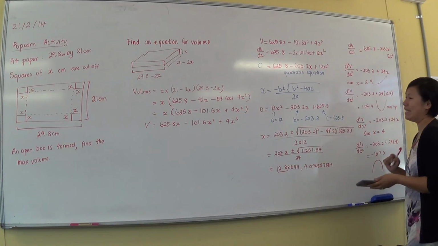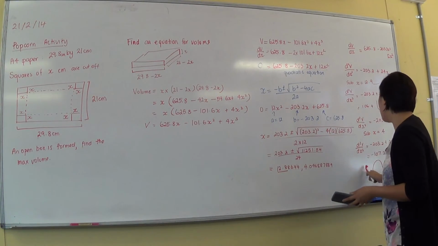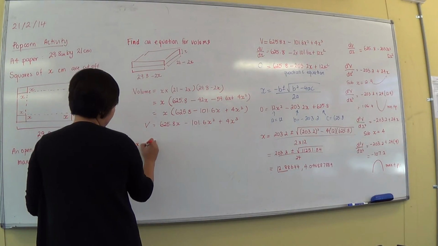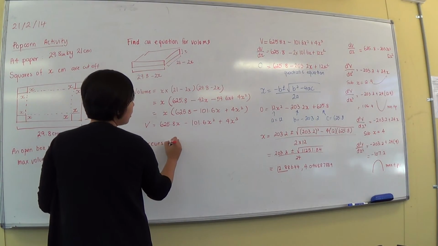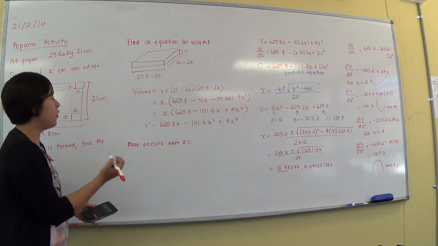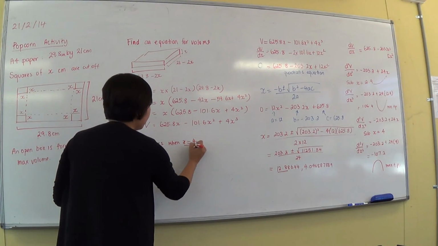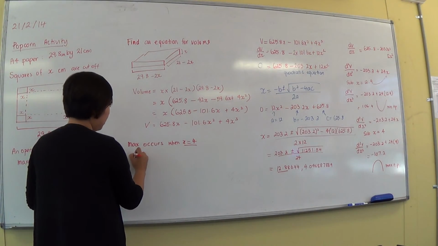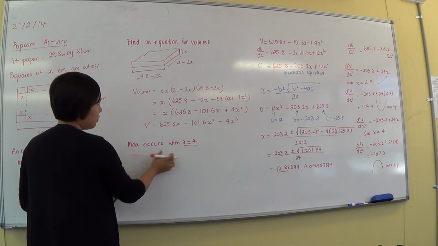We're not done just yet. Okay, so we know that the maximum occurs when x equals 4. So that's the maximum volume. What would volume be equal to?